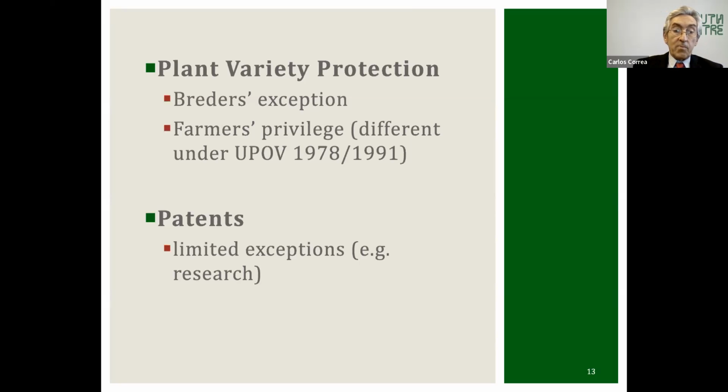And then in the case of patents, the exceptions to the exclusive rights are far more limited in principle as compared to plant variety protection. For instance, in many laws, the research exception is provided for. There are other exceptions, such as the Bolar exception, which is applicable in particular in the case of pharmaceuticals. But patents provide generally stronger rights as compared to plant variety protection.